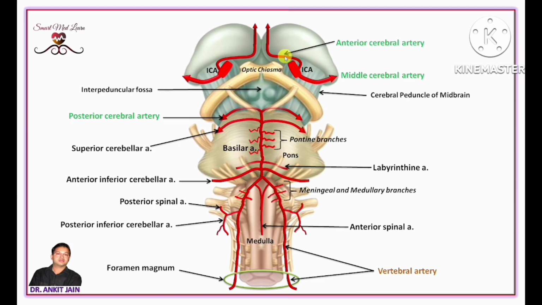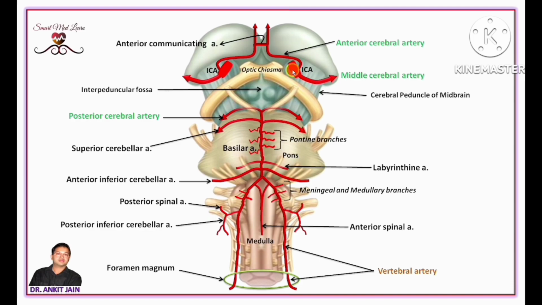The anterior cerebral artery runs forward and medially above the optic nerve and comes very close to its fellow. The right and left anterior cerebral arteries are connected with each other by a short transverse anterior communicating artery.